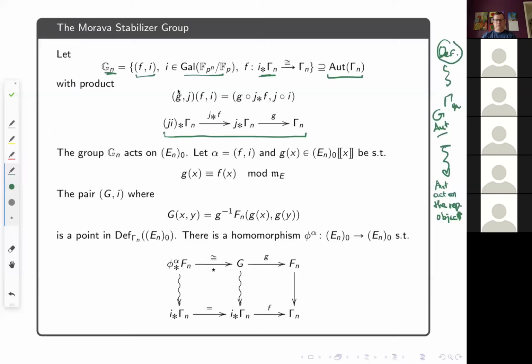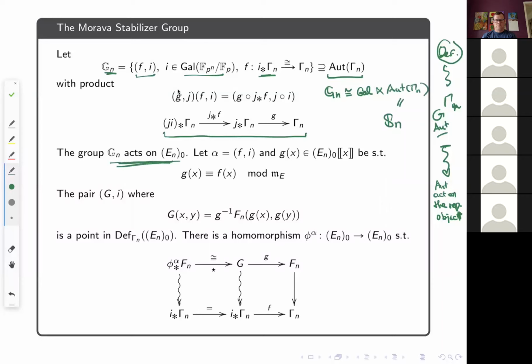There's a bit of twisting, and in fact Gn is isomorphic to the semidirect product of this Galois group with this automorphism group. In the literature, people often call this Sn, especially recently. All right, so Gn acts on E0 as follows.